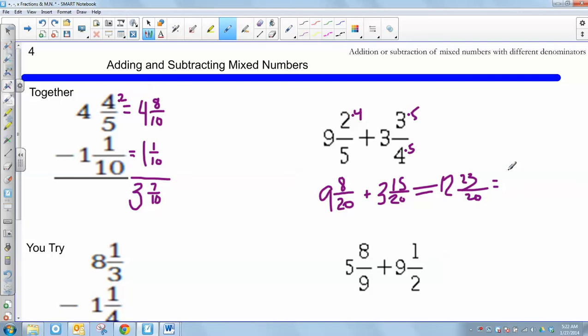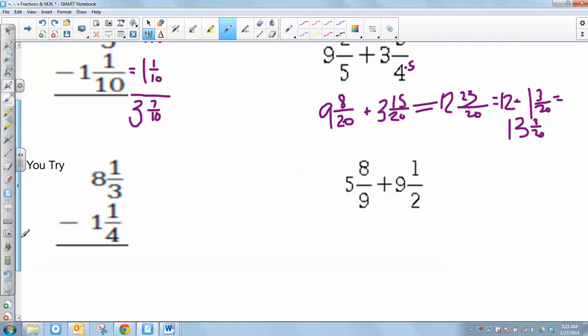So now I'm going to end up with, I have an improper fraction, so I need to simplify that. So I'm going to have 12 plus 1 and 3/20. So my final answer is going to be 13 and 3/20. All right, go ahead and hit pause and try the you-try problems, and I'll be back with the correct answers. So go ahead and hit pause.